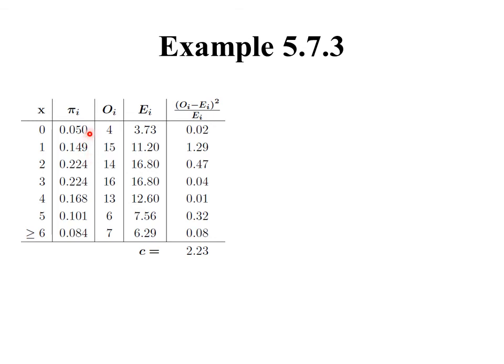This number pi sub 0 can be calculated in the same way; I would just replace 1 with 0, and the others are calculated similarly. Here are our observed values from our data, and then here are our expected values. Those are calculated by simply taking the claimed probabilities times 75. And then here we show the calculations of our test statistic, each observed value minus the expected, squared, divided by the expected, and then we add them up, and then here's our test statistic.